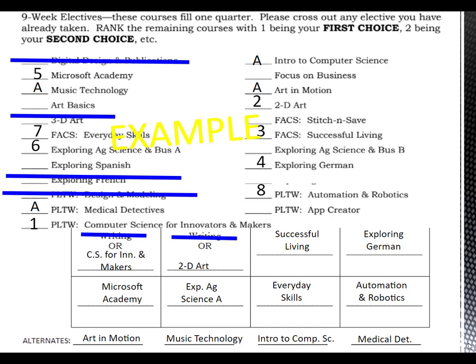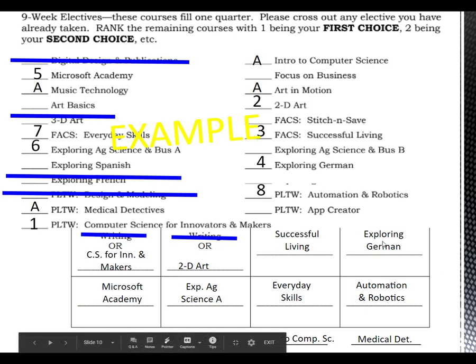And it all depends on what you choose, what's able to fit in your schedule. So it's very important that you have these alternates. So this person chose art and motion, music technology, intro to computer science, and medical detectives.